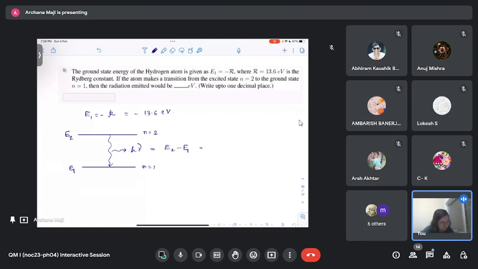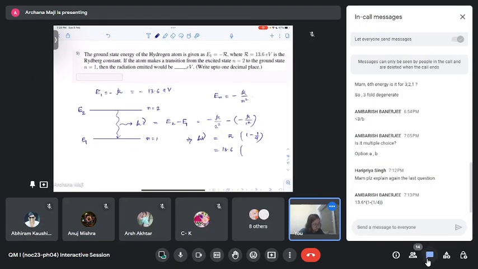We know for the hydrogen atom En is minus R over n square. So this is minus R divided by 2 square minus of minus R divided by 1 square, and that gives h nu equal to 13.6 times 1 minus 1/4, which is 3/4, and this will give you 10.2 electron volt.